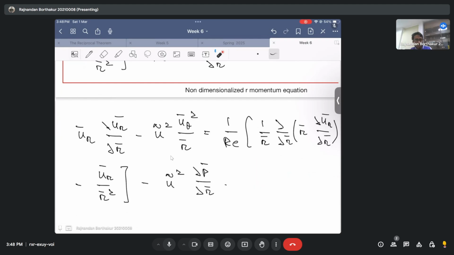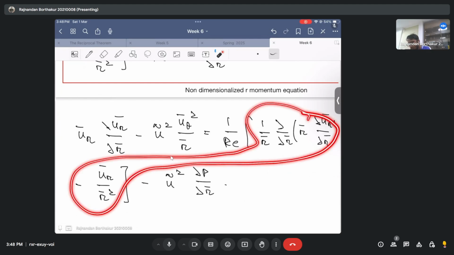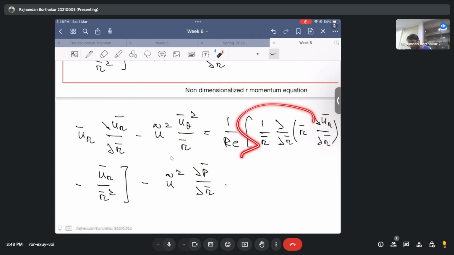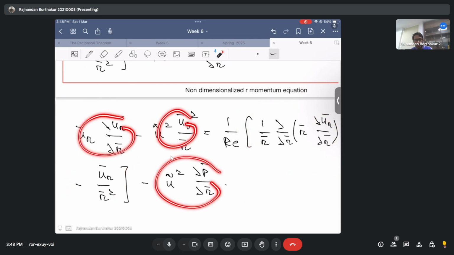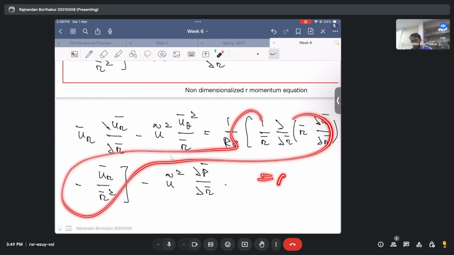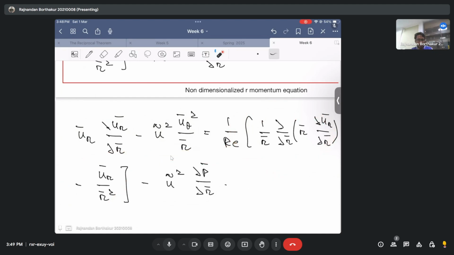That means the viscous term will solely dominate over the other terms, because it goes to infinity as the Reynolds number goes to 0. Its order of magnitude will be much higher than that of all the other three terms. So in this limit, the equation boils down to just the viscous term equal to 0.